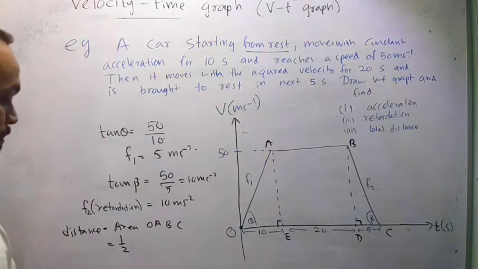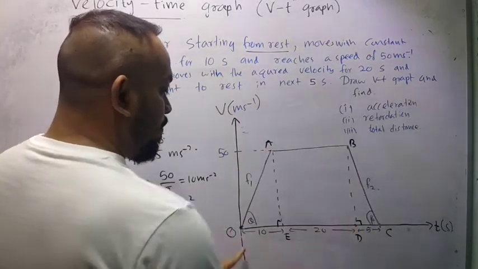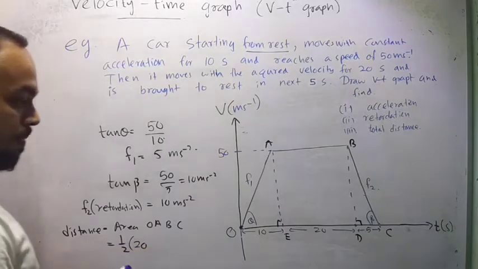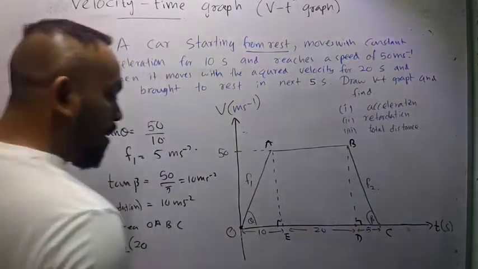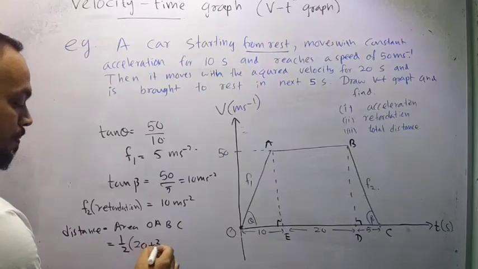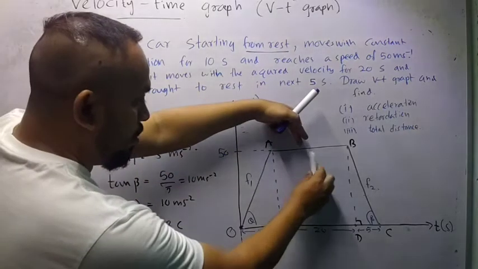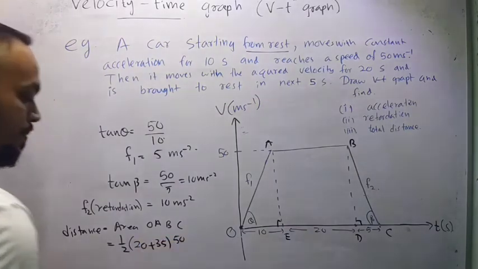Half times the area of the trapezium, this plus this. So what is this? This is 20. What about this length? This length is 20 plus 10 plus 5, so that is 35. Right? Into this height. This is the trapezium. The height is 50. See?